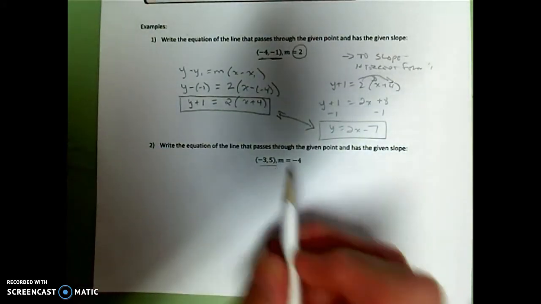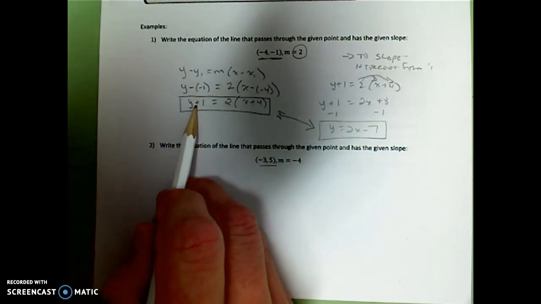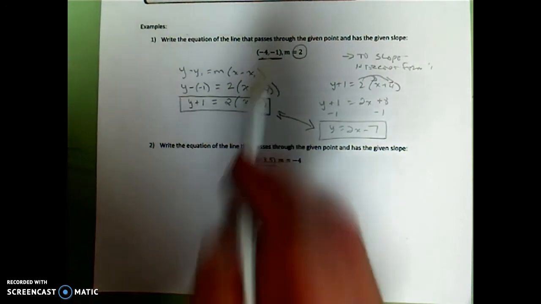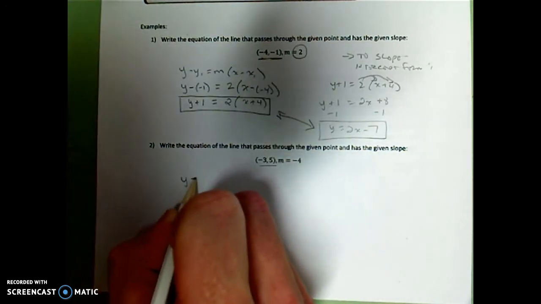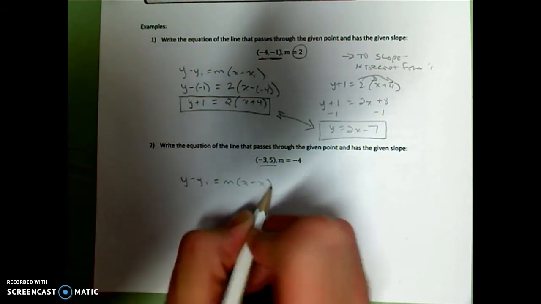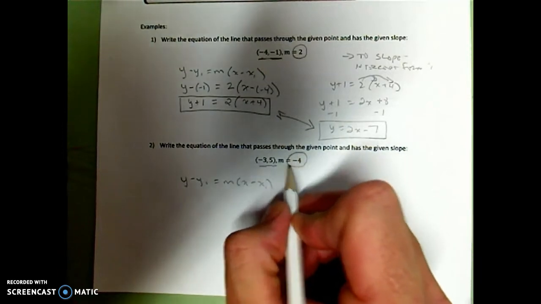We can do this again quickly just to see that this sign does not always change. These signs only became positive here, unlike the general form, because both of our x and y coordinates were negative. Here I've got a point -3, 5, and a slope number of -4.